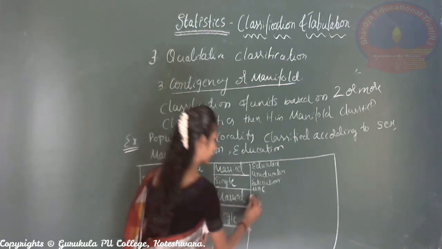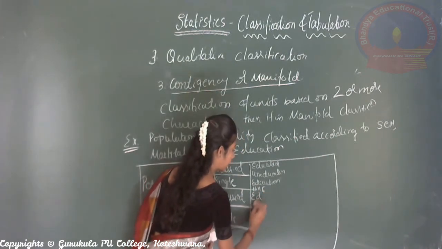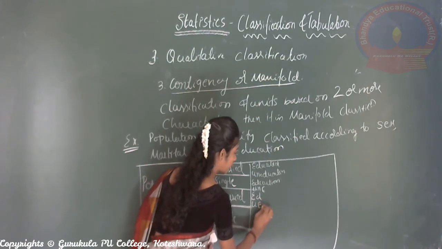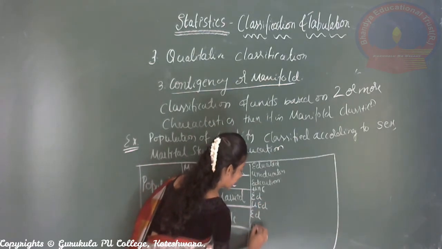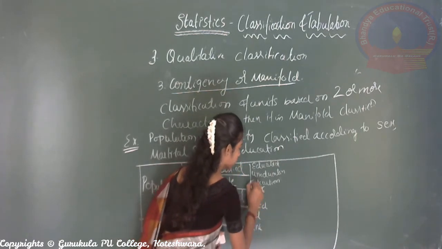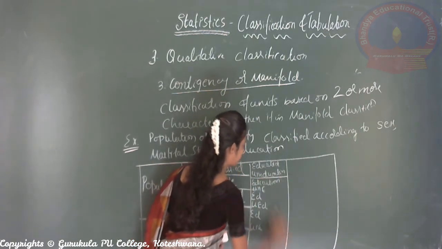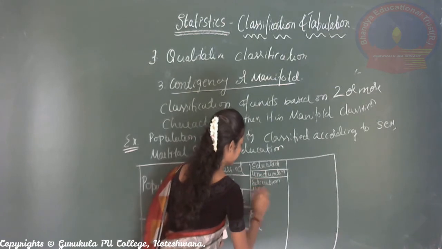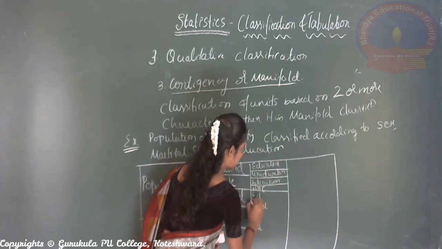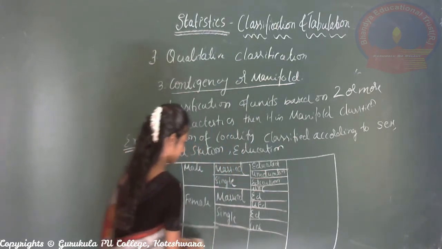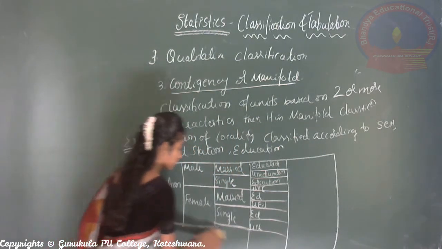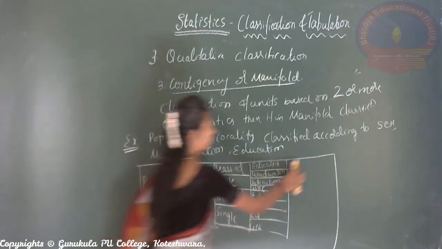I'll briefly write ED, educated and uneducated. So here I can divide again into educated and uneducated.